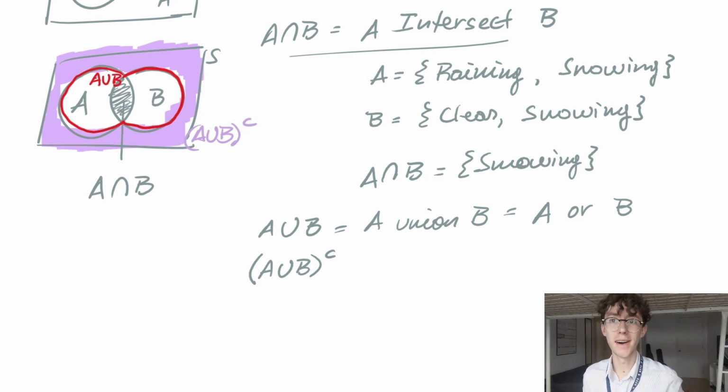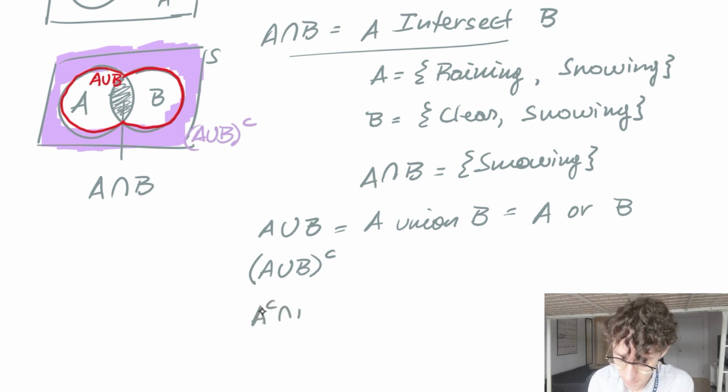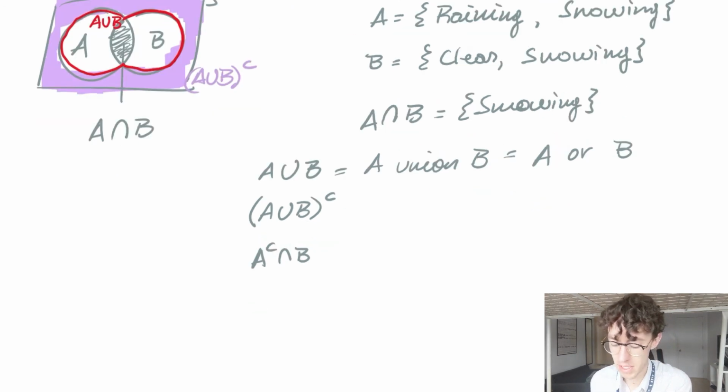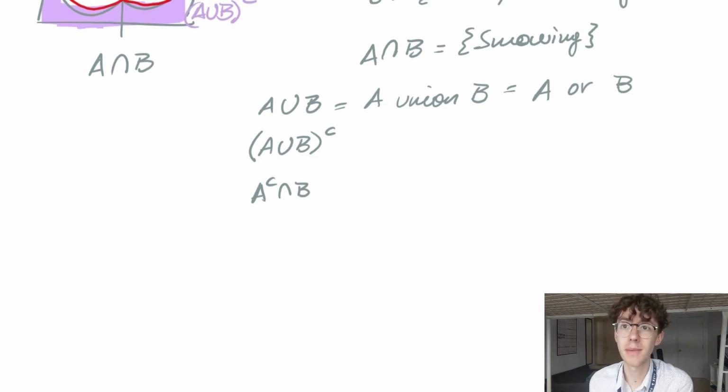Now, what if we have A complement intersect B? What does that mean? Let's take a look. In our Venn diagram, A complement intersect B would be anything that is not on A but is on B. So let's try and draw that.